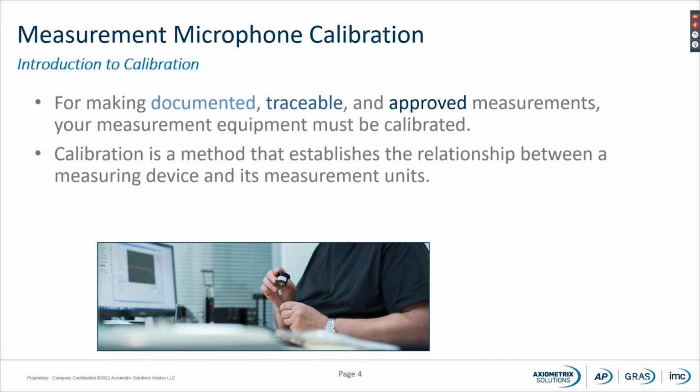Let's have a little example. 1 meter. If we would like to calibrate a ruler or something like that, then it will be calibrated up to the standard for 1 meter.